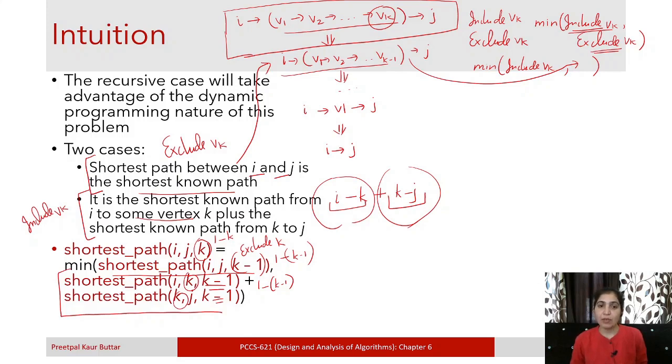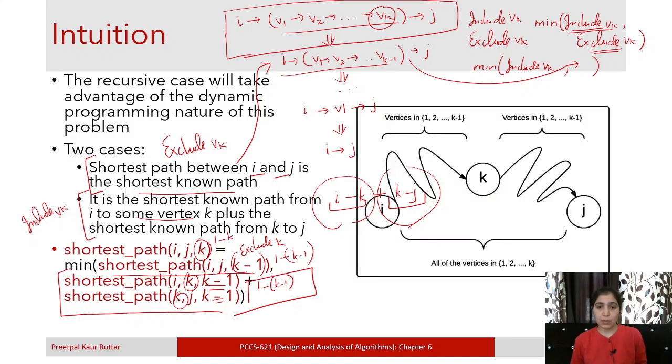You have not included it in the previous paths. The previous paths included only the vertices from 1 to k minus 1. So whether you exclude k or include k, the subproblems which you will refer to will contain the intermediate vertices from 1 to k minus 1 only.